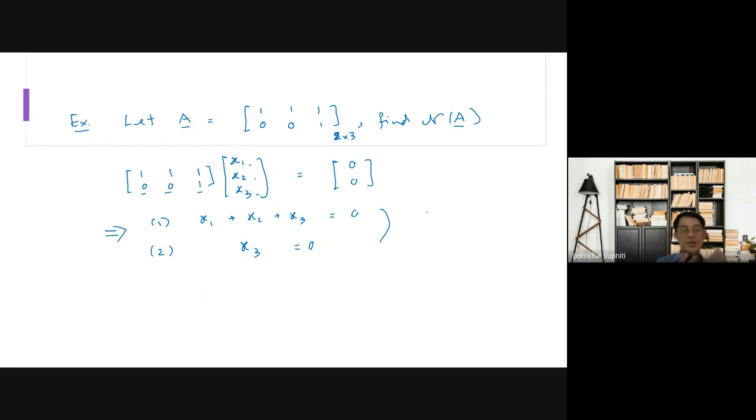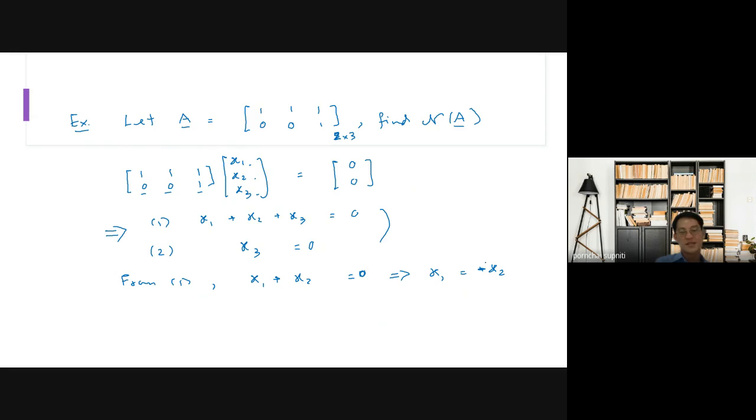When you combine these two together, you have that x3 has only one value. Therefore, from the first equation, x1 plus x2 is 0, because x3 is 0. In other words, x1 has to be equal to minus x2.